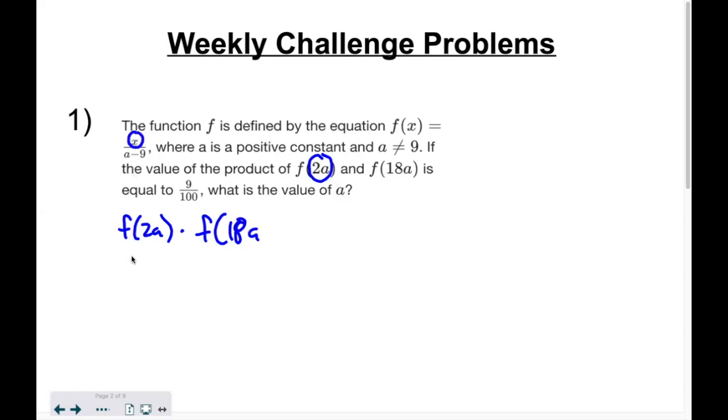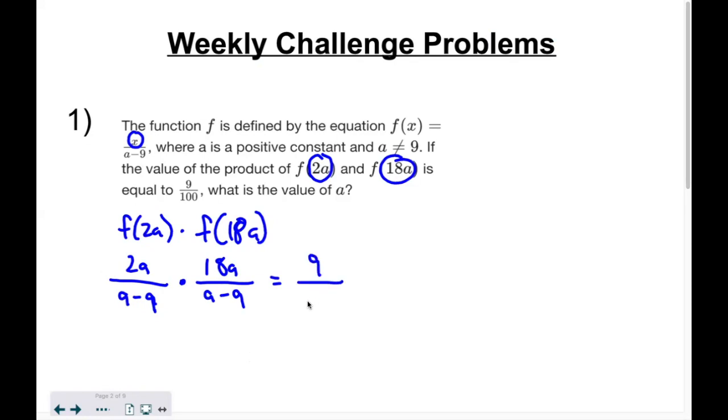So f of 2a is really 2a over a minus 9. And then times f of 18a is going back to that same x and replacing x with 18a. So 18a over a minus 9. So these are nines. And we want that to equal 9 over 100.